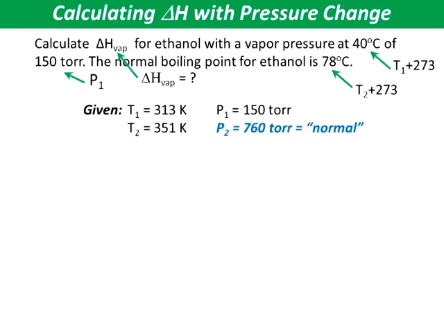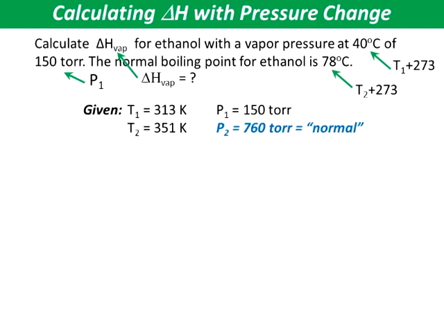We mark up our problem shown here, where we have automatically converted the temperature from C to Kelvin by adding 273. Our heat of vaporization is the unknown. We have P1 at 150 torr, and we have T2 of 78 degrees C plus 273.